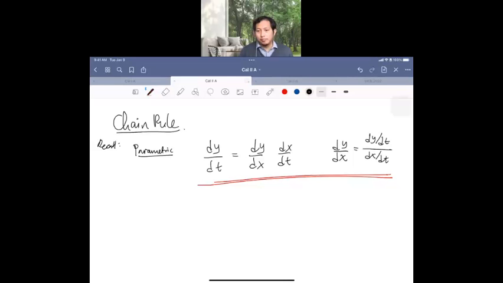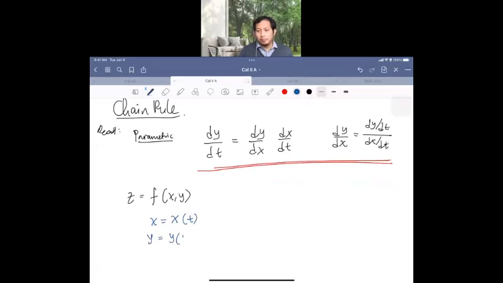So we can state that if we have z, and z is a function of x and y, and if we take back the parametric, x is actually a function of t, and y is also a function of t, then z can be expressed as a function of variable t. We can express z in terms of t.